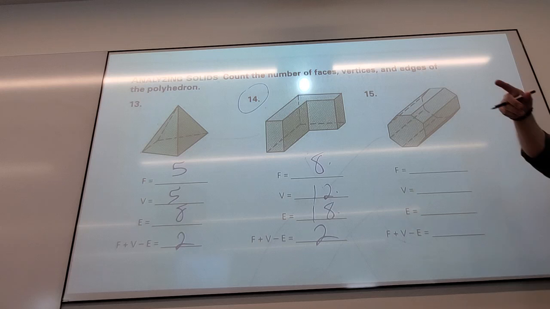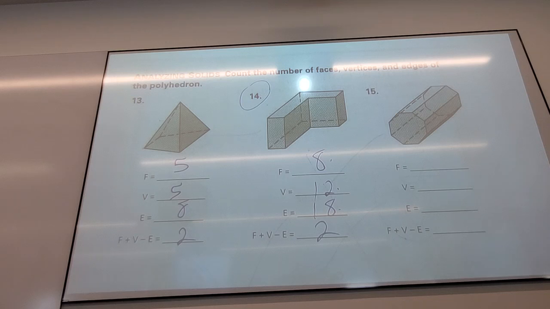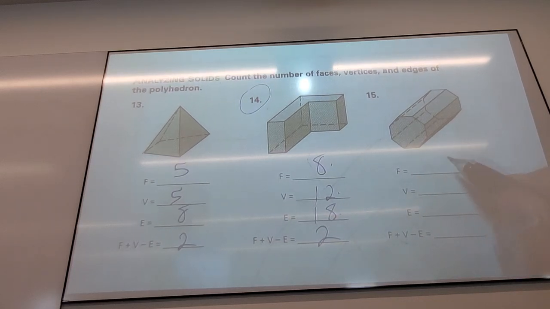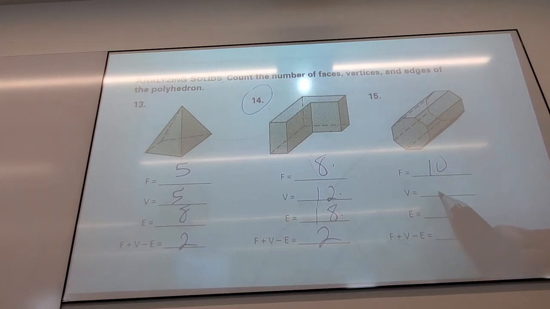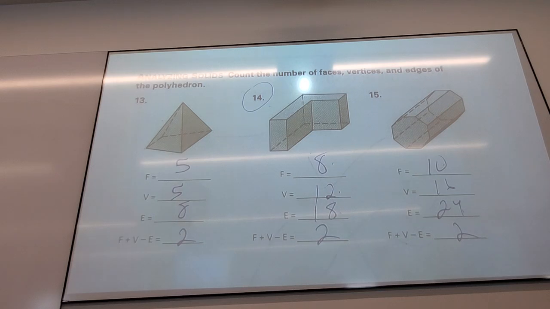Octagonal prism. Because it's an octagon that's been repeated. How many faces does this one have? 10. How many vertices? 16. How many edges? 24. 10 plus 16 minus 24 is 2.